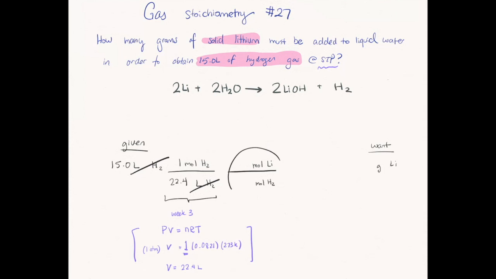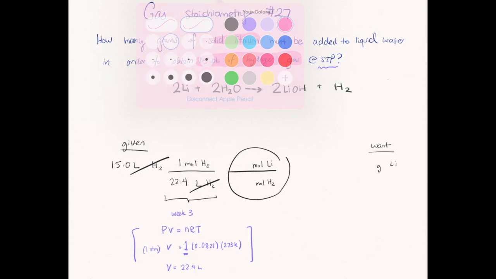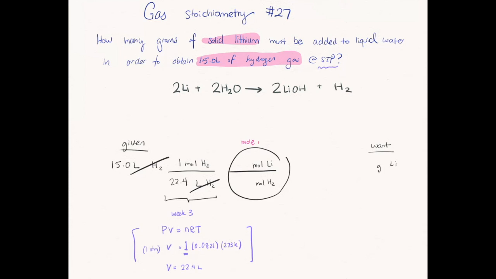So how would I figure out how many moles of hydrogen convert to how many moles of lithium? Again, this is the mole ratio, and it comes from the chemical equation.